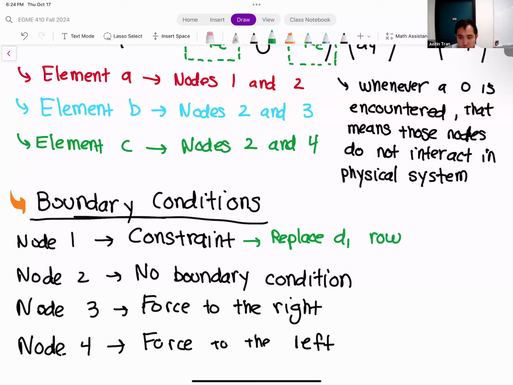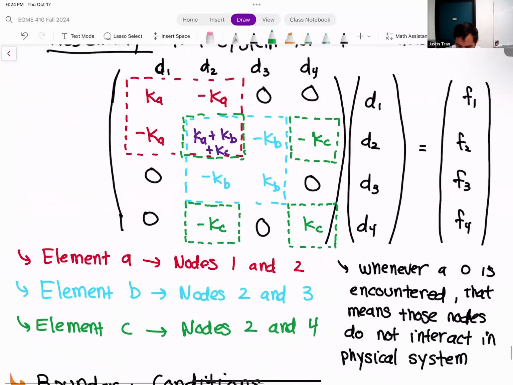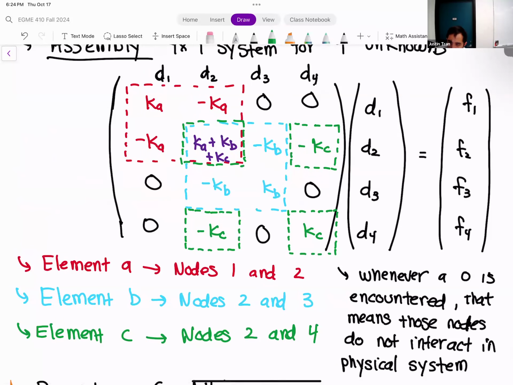Whenever we have a constraint type boundary condition, we're going to replace the row that's associated with that boundary condition. So for a constraint type boundary condition applied on node 1, we're going to replace the D1 row. So let's come back up to the system here, and then let's replace that first row in the matrix.